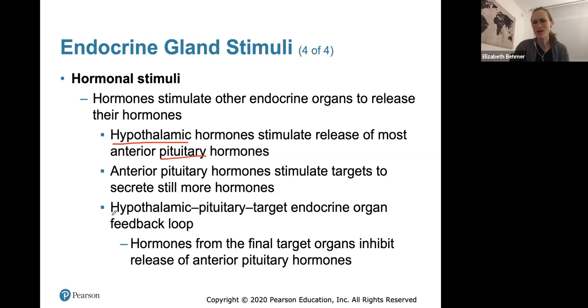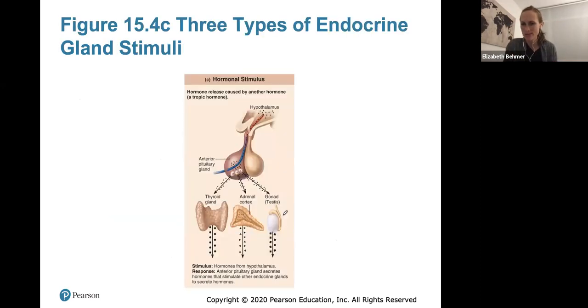And we get what we call this hypothalamus-pituitary-target endocrine organ feedback loop, where hormones from the final target organs will inhibit the release of the anterior pituitary hormones in a kind of negative feedback mechanism. We'll go over this kind of feedback loop when we go over some of those hormones, because that feedback loop is really common. We have our hypothalamus shown here. It will secrete what we call releasing hormones.